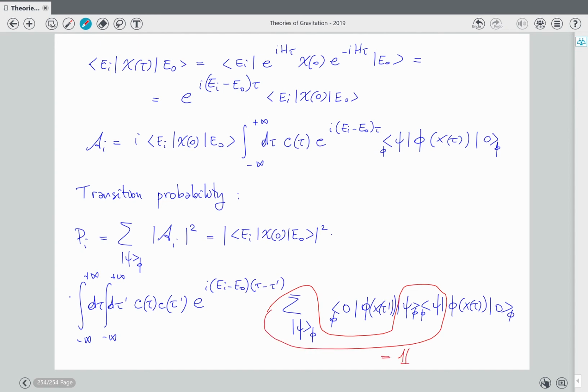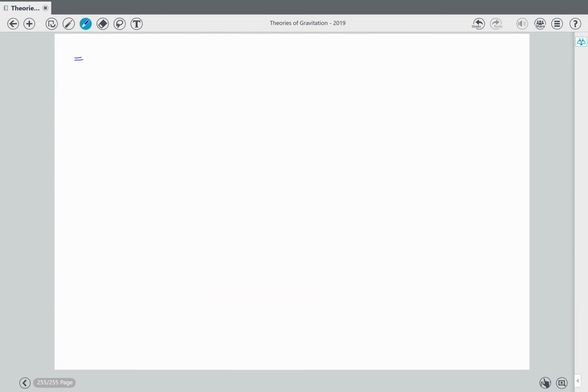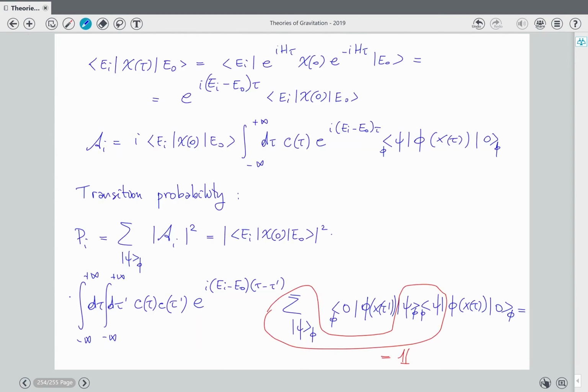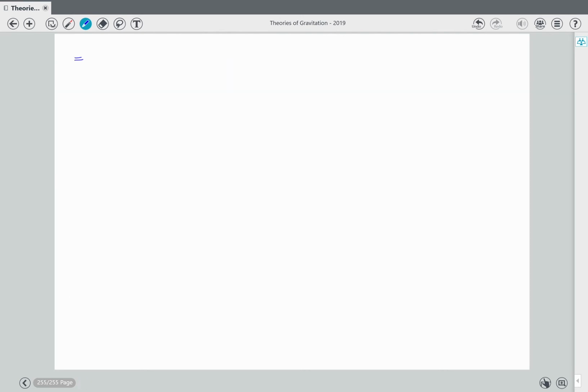That is equal to 1. So at this point you just compute, well, you can simplify the probability a lot. So you will get, first part stays there, unmodified.